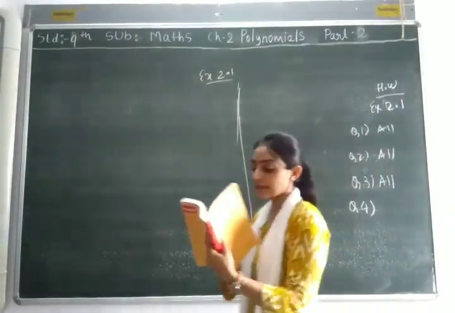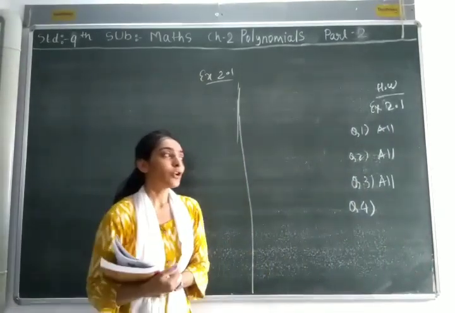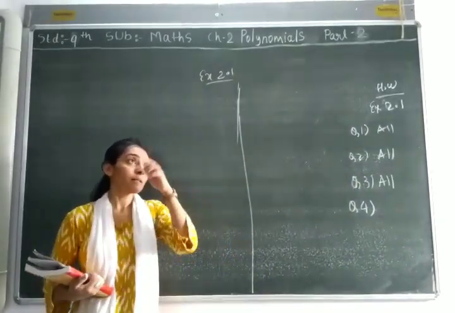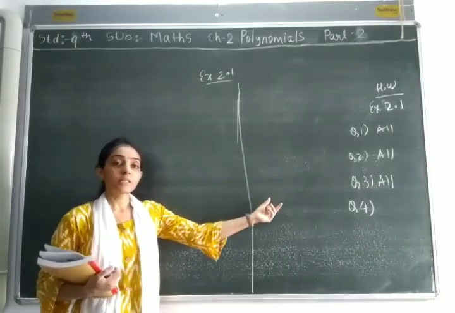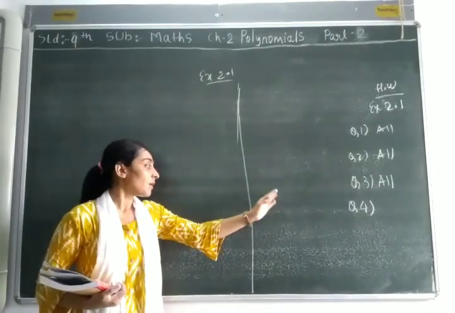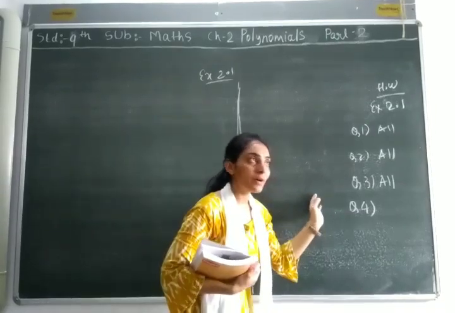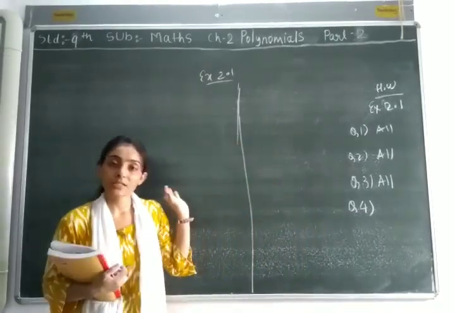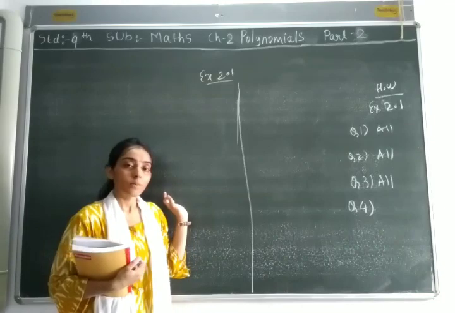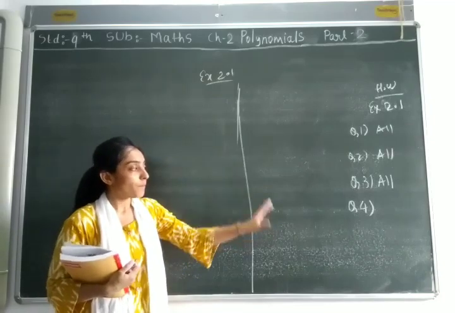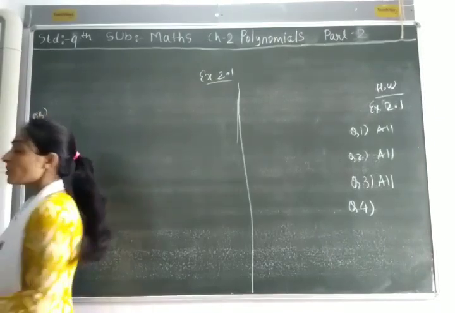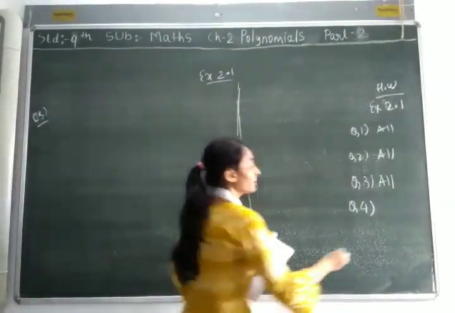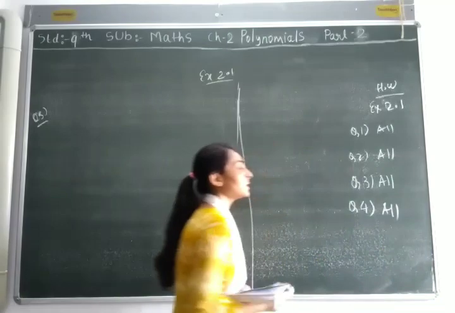For a polynomial, we just see the variable, and the variable containing the highest power, we write that as the degree of the polynomial. Question number 4 is also homework. It's very easy.